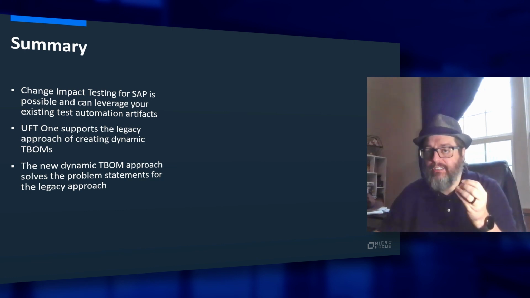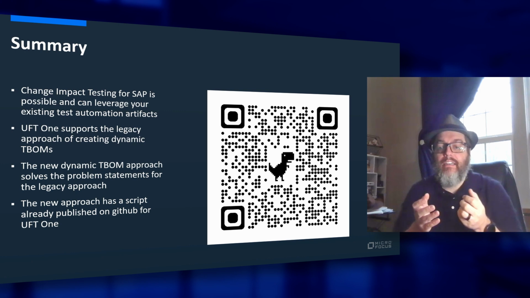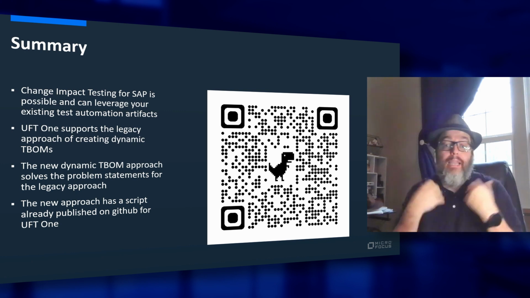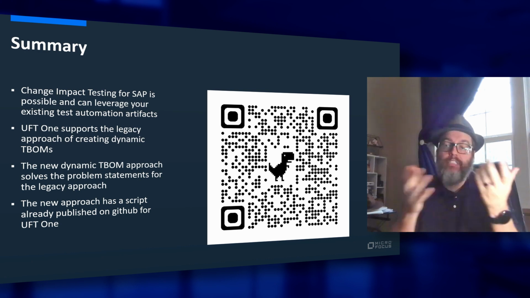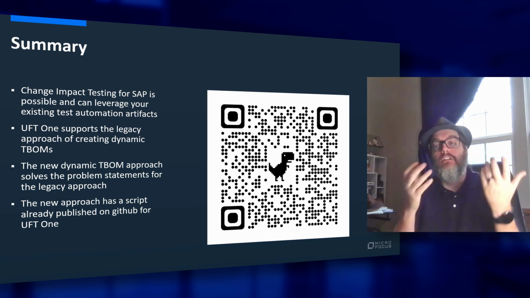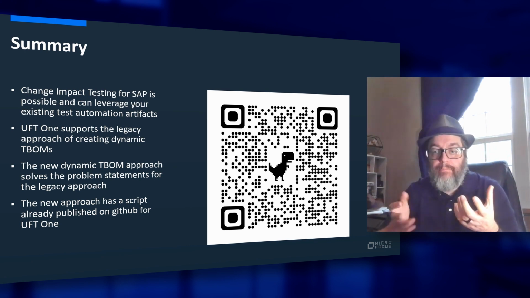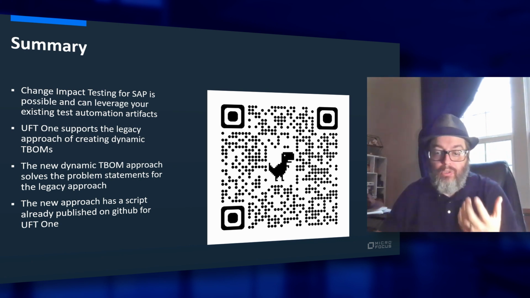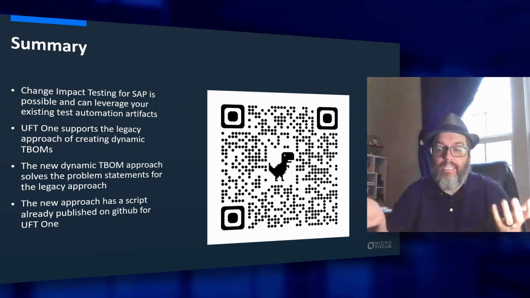Now, you may say to yourself, this seems a little daunting. Well, this new approach already has an asset available for you that's provided by Micro Focus, by me personally, as a user-contributed solution. Just like any user-contributed solution, there's no warranty or support. It's provided as an example, and it's solely intended to be an example to be leveraged by whomever would like to use it.